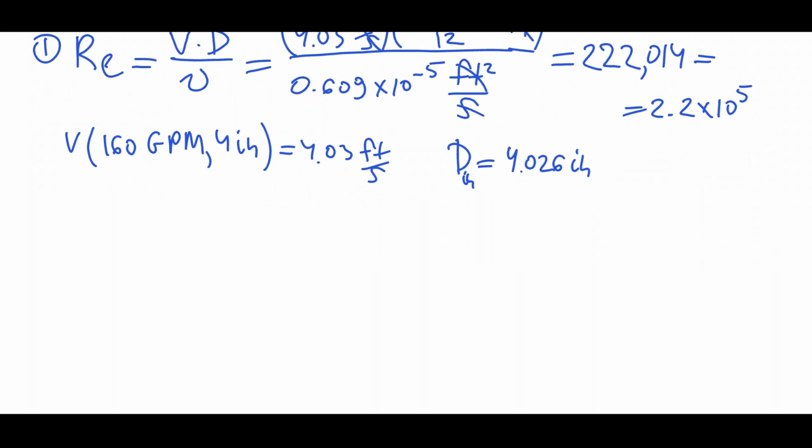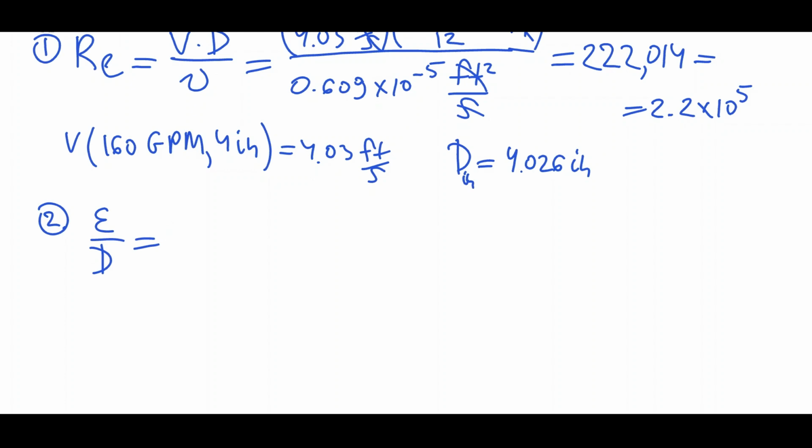Now, step 2, you have to get roughness factor. So the roughness factor is a value of diameter, and if you look into the chart itself, you can type in Moody.